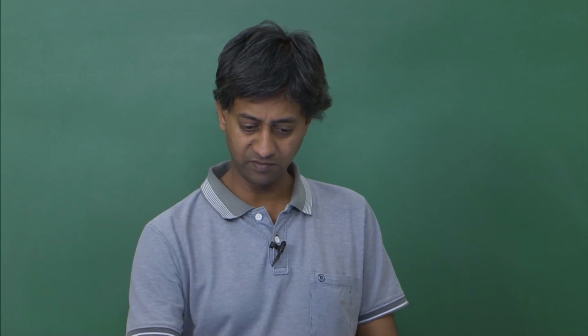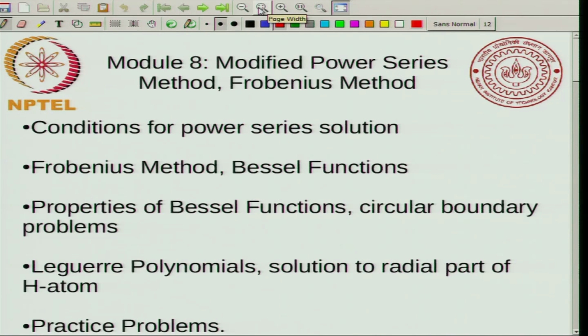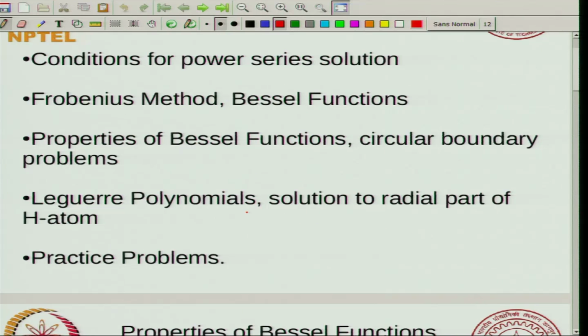So, today we will discuss some properties of Bessel functions. We have already seen that Bessel functions are solutions of the Bessel differential equation, and we particularly looked at those functions for integer values of v, the parameter that appears in the Bessel equation.